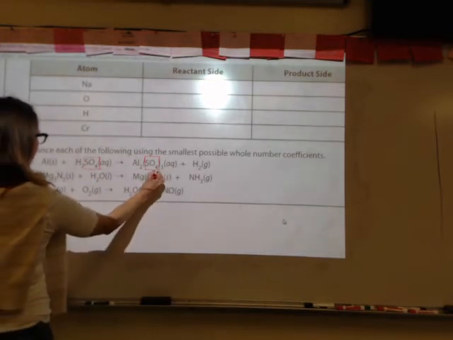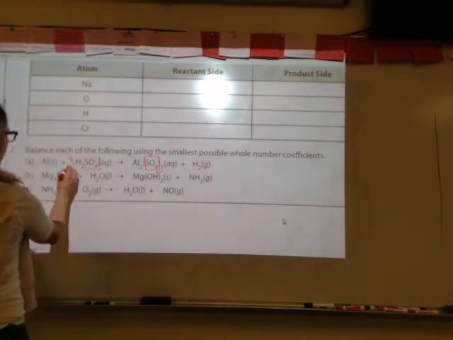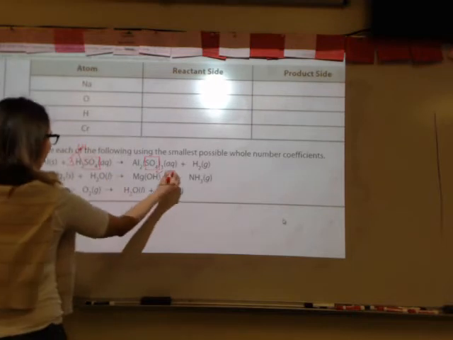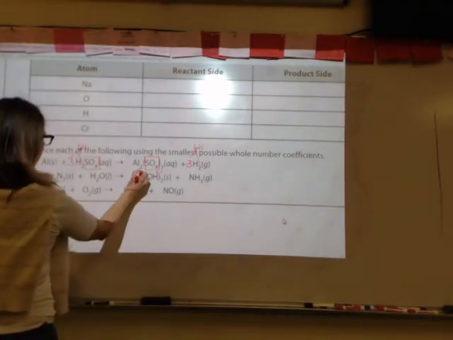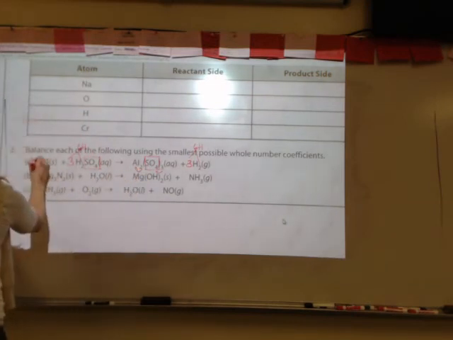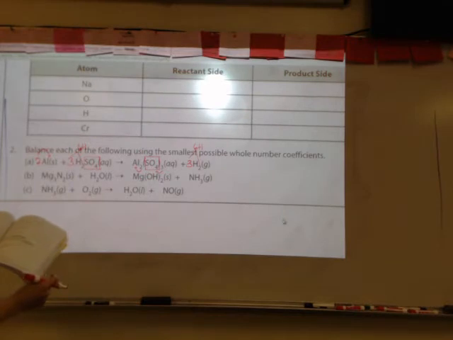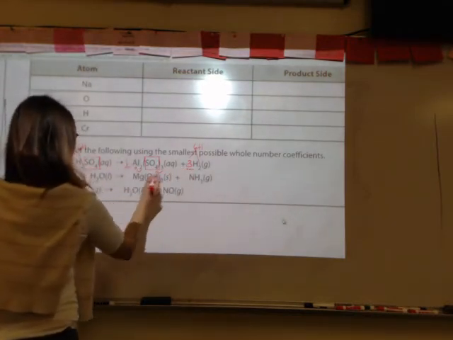I have 3 sulfates on the right, so I'm going to put a 3 in front of H2SO4. This 3 times 2 gives me 6 hydrogen. So I'm going to put a 3 in front of H2 to give me 6 hydrogen. Then you have 2 aluminum here on the right, so I'm going to put a 2 in front of the aluminum on the left. And now I am balanced. My coefficients are 2, 3, 1, 3.